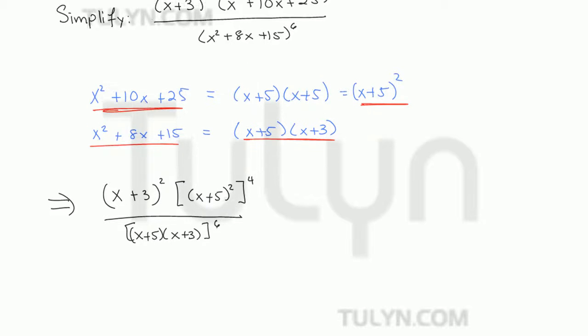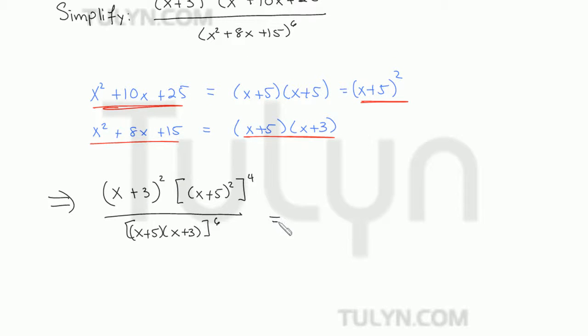Okay? So now what we do is simplify by using the laws of exponents. For (x plus 5) squared taken to the fourth power, we recall the law of exponents rule that if you take a power and then take it to another power, you multiply those exponents, so this is a to the r times s.